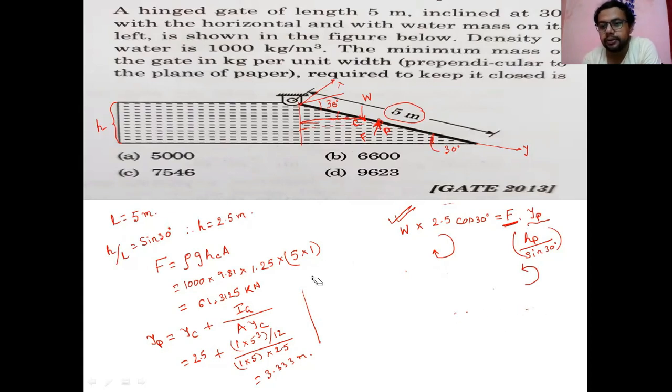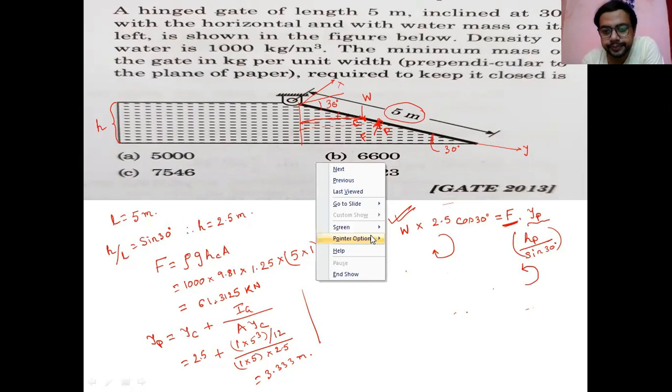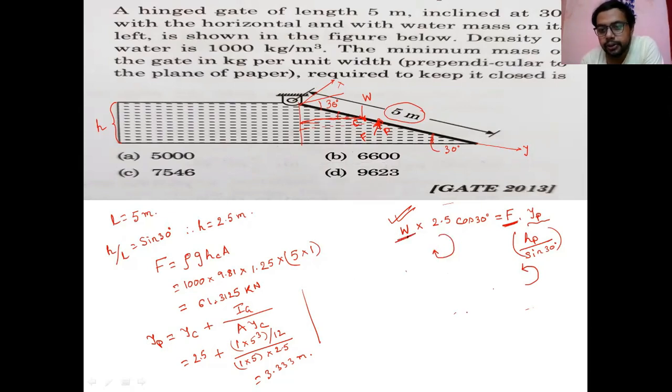Now we directly come to the formulas. Here, the W you can write as M into G, mass into acceleration. 2.5 root 3 by 2 is equal to 61.3125 kilonewton. In terms of kilonewton, you can convert it into Newton also.